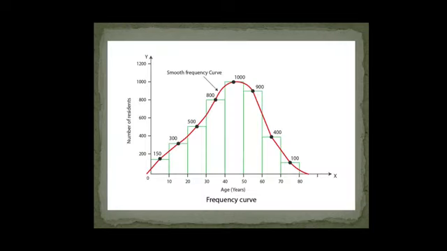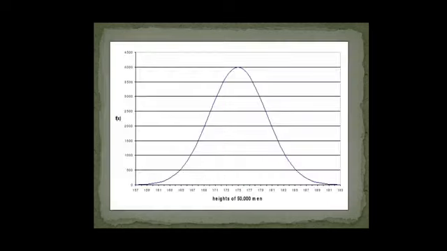If we draw the frequency curve with the help of histogram, it will look like the curve as shown in this figure. And if we draw the frequency curve without drawing a histogram, the curve will look like this as shown in this figure.